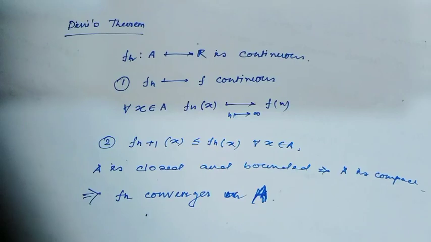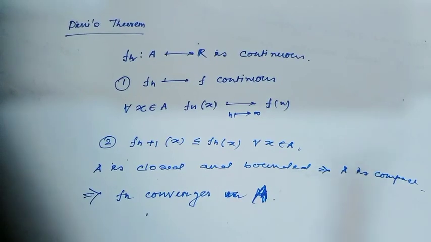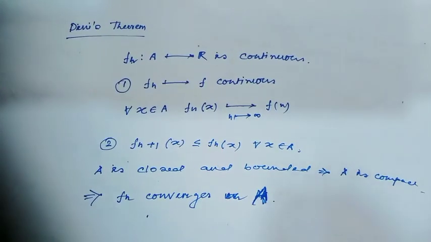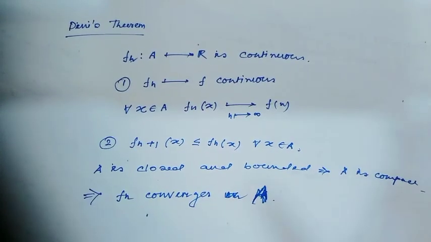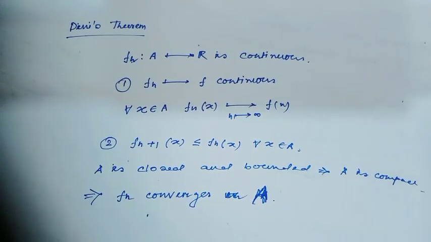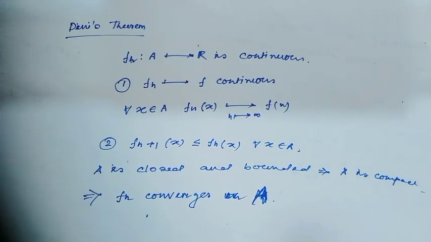We will see our main goal of this lecture. I will show one nice theorem. Here I will show how compactness is used to decide whether a sequence of functions is uniformly convergent or not.